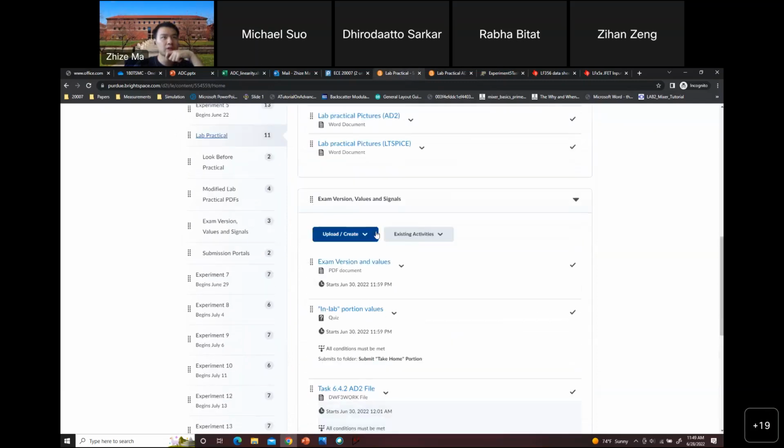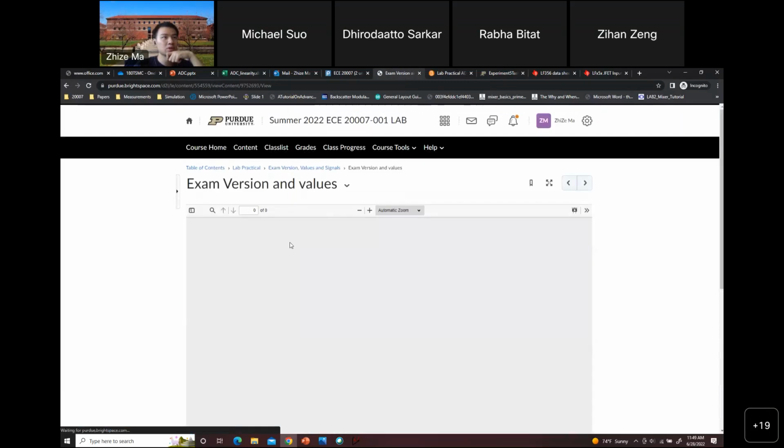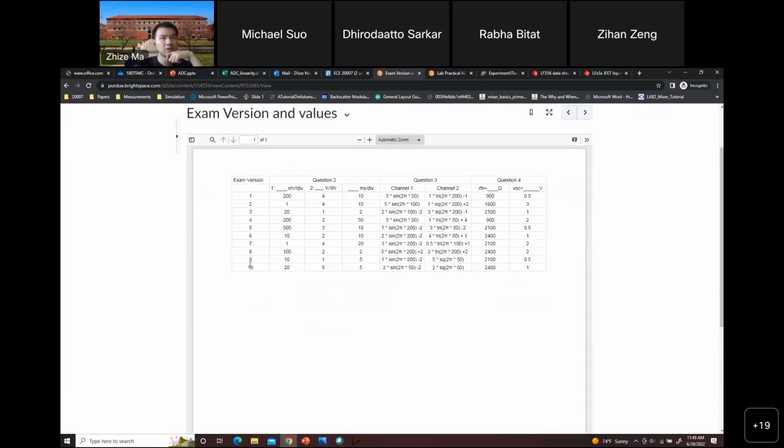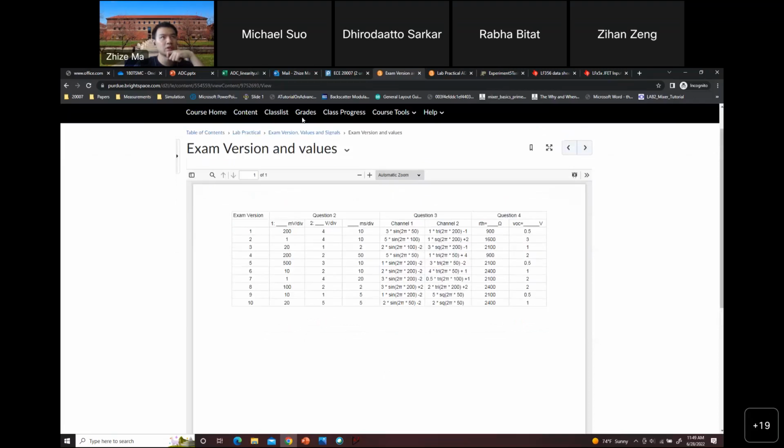What you will get is a version number, from number 1 to number 10. You can find it under your grade, the LP version number. That's the lab practical version number. I will post it after this class. So you will find your version number and you will find the value you need in this document.